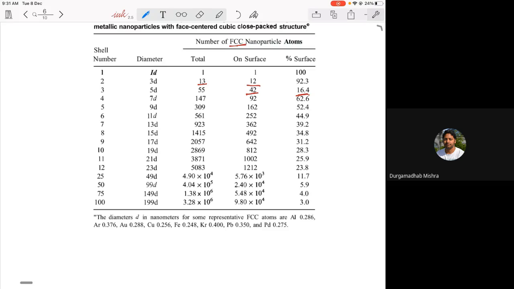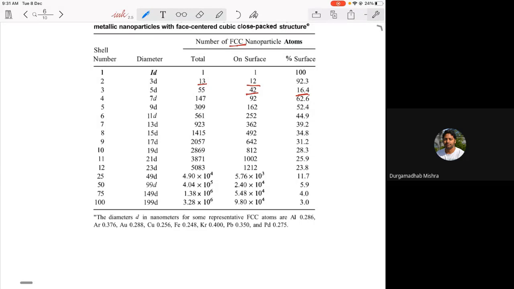Yes, so Raunak is asking after how many cells we can consider the structure to exist in bulk form. Again, this cannot be fixed, it can be different for different particles.